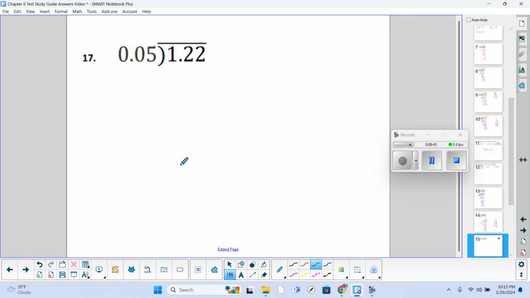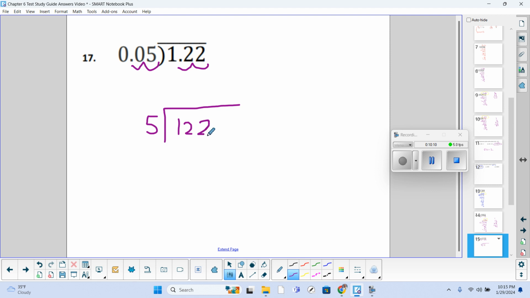How many times does 0.05 go into 1.22? Well, we need to make this a whole number, so I move the decimal 2 over. And I keep saying move the decimal 2 over. What I'm really doing is multiplying this by 100, and I'm multiplying this by 100. And if you recall, the reason we do that is it will tell us where the decimal goes in our answer.